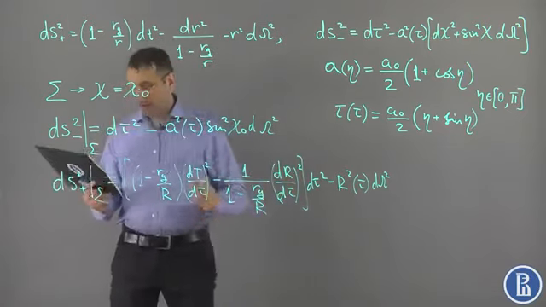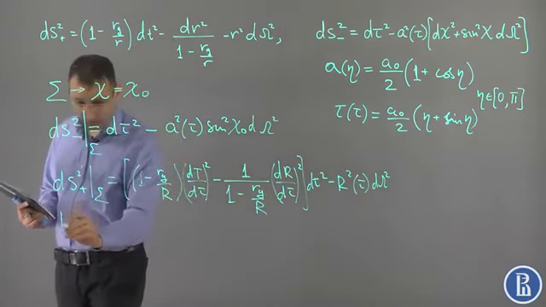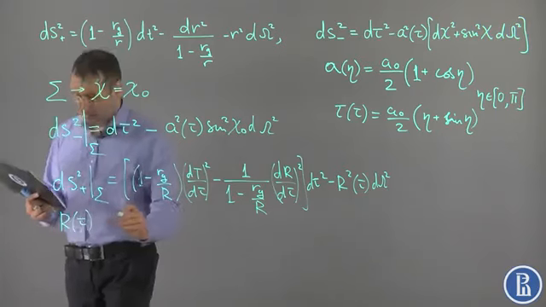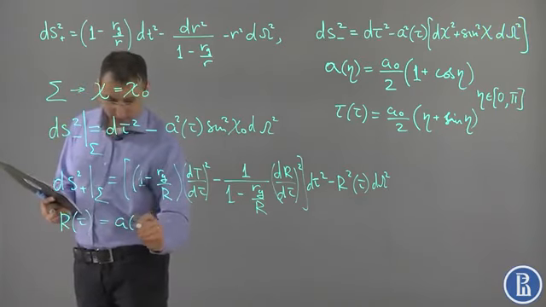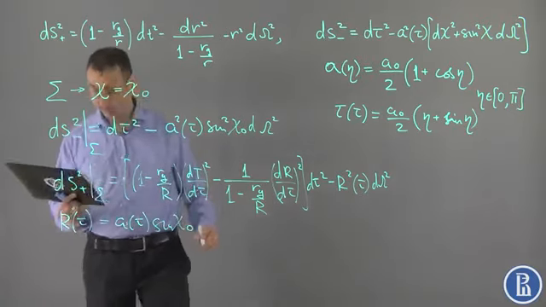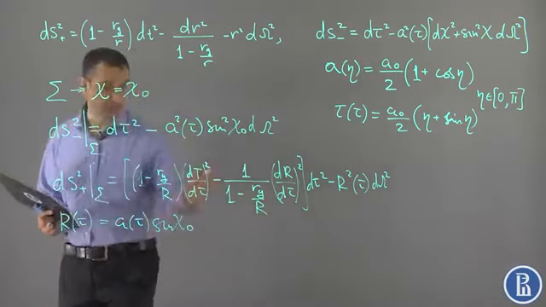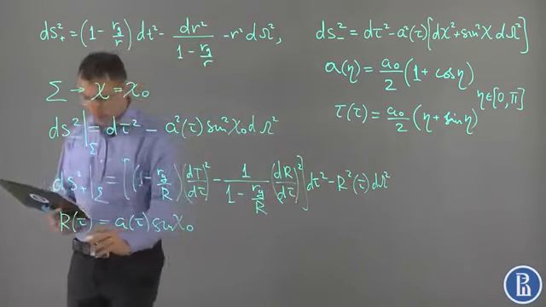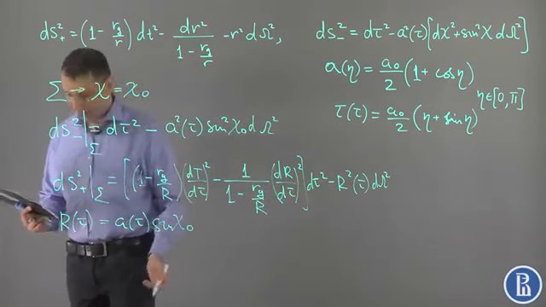To equate them, we have to have the following relation: r of tau is equal to a of tau times sine chi 0. So this basically sets the radius.